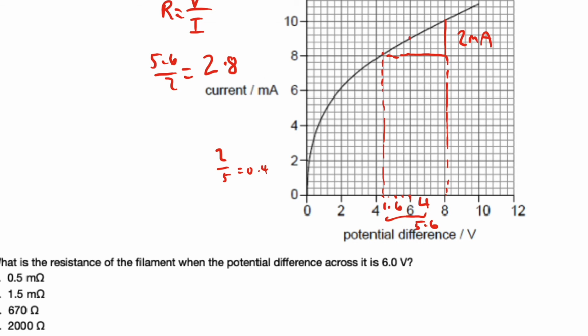Oh, sorry, here is 2. Made a mistake here. Here is 2. So the total will be 3.6, which is equal to 1.8. And here has the milliampere. Here is volt. So let me redo this. So here is 3.6 volt over 2 milliampere.